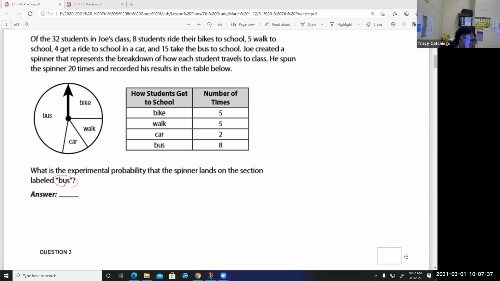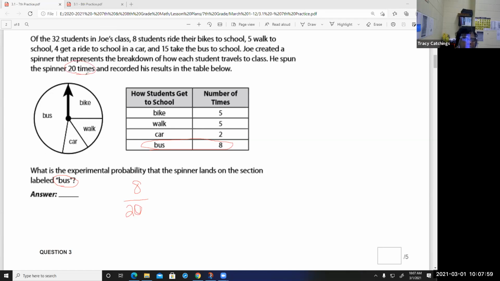How many times did it tell us we landed on bus? 8. Total? Is it 20? 12. 20. It was 20. I know they had it somewhere else.